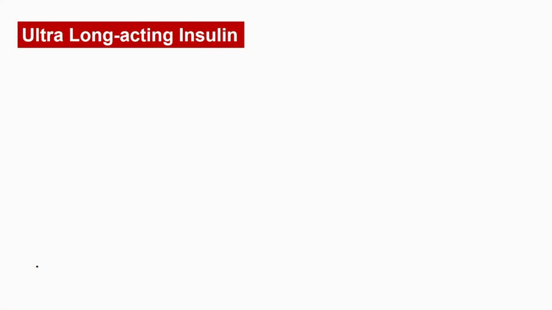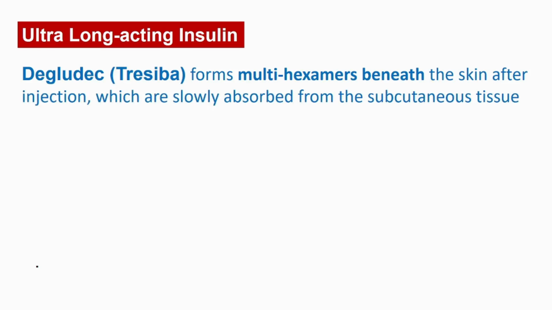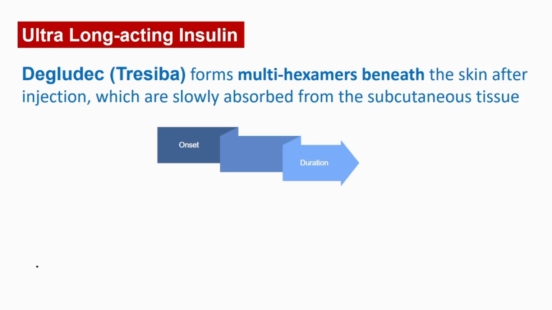Next, you have an ultra long acting insulin. Ultra long acting insulin is degludec, Tresiba, which forms a multihexamer beneath the skin after injection, which slowly absorbs from the subcutaneous tissue. As a result, it extends the duration of effect of this insulin. And this also has a steady action.